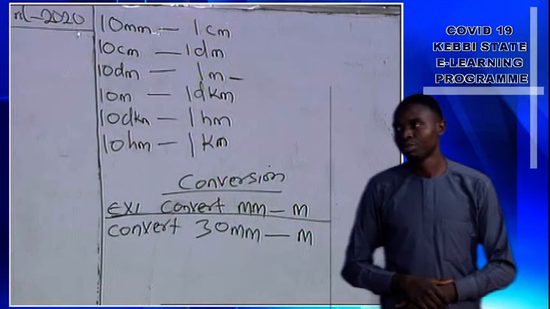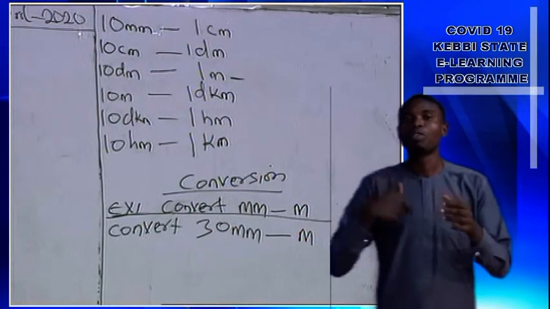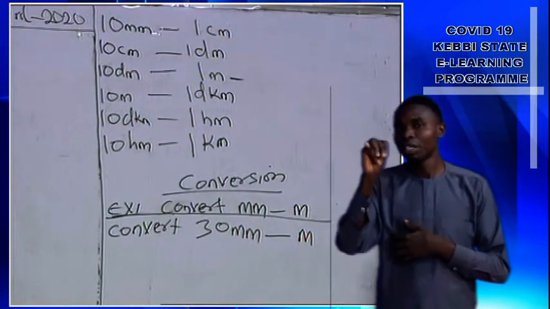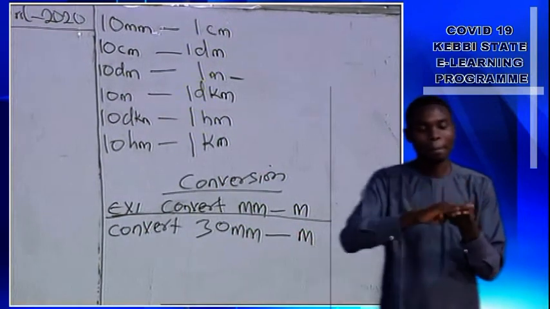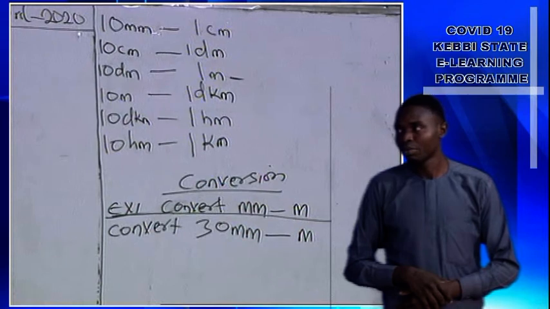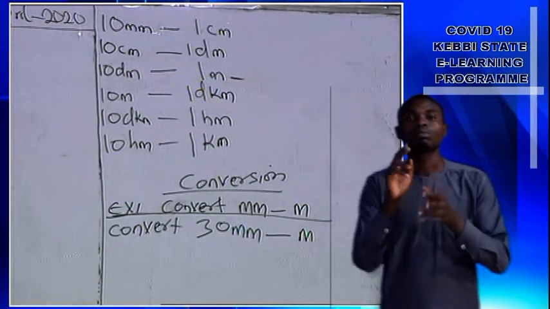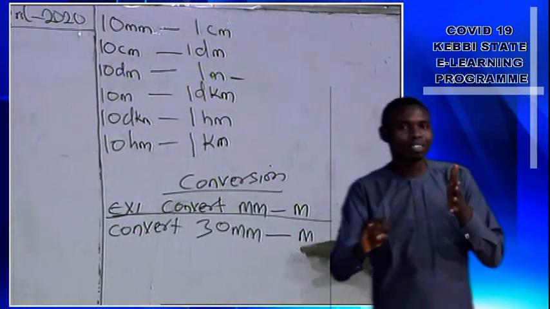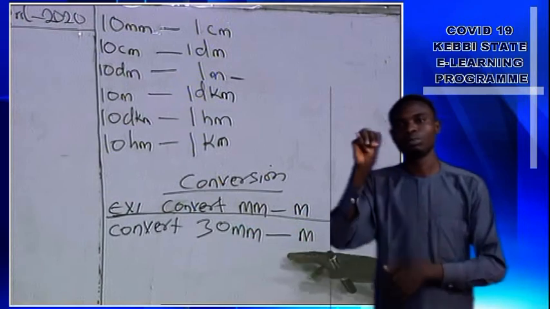Now, this means that if we have 30 millimeters, very short range, we want to change it to becomes in a meter. Maybe the problem you are getting, or an example you want to solve, is reading in meters. So you must change it to becomes in meter. How can we change 30 millimeters to becomes meter?